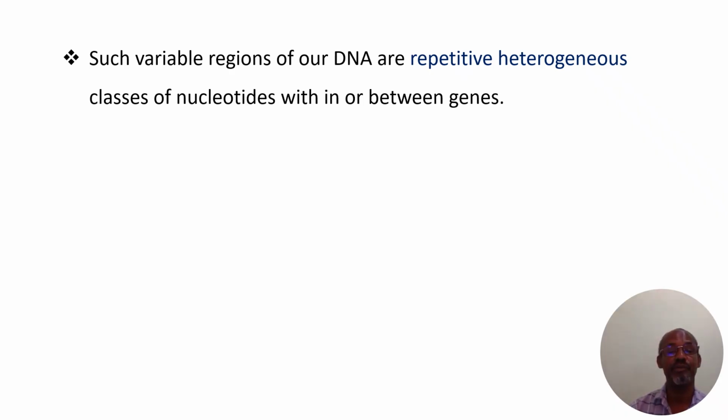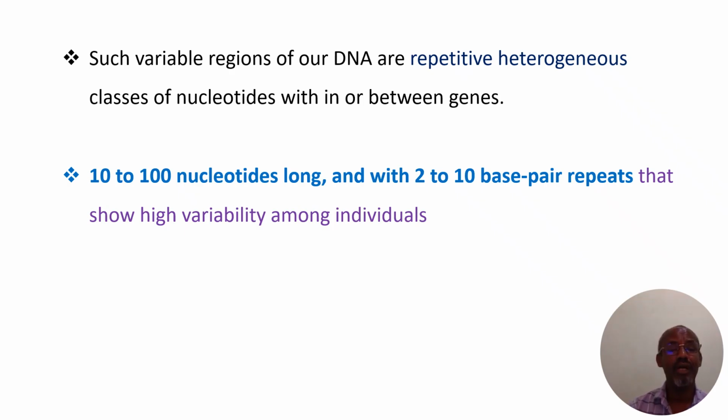The other property of these microsatellites is that they are repetitive, heterogeneous. That means they differ among classes of nucleotides within or between genes. They are found scattered between genes and within genes.